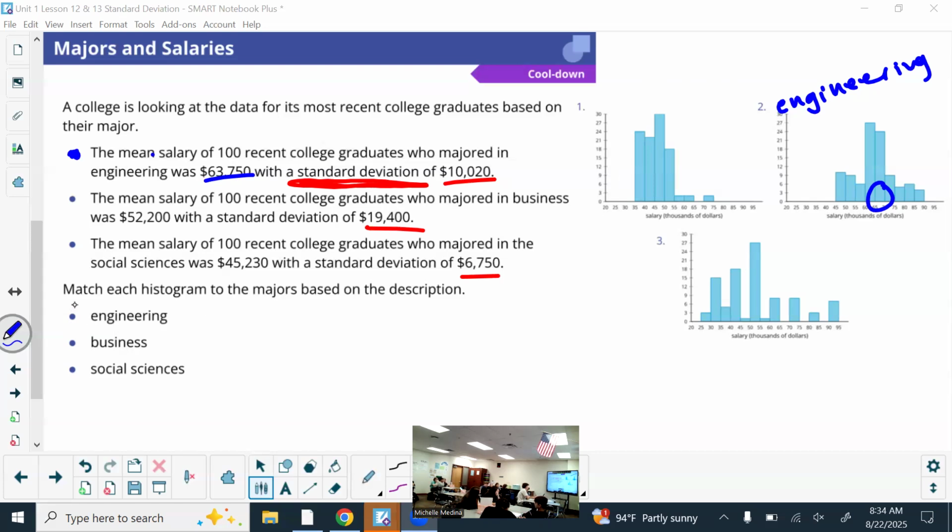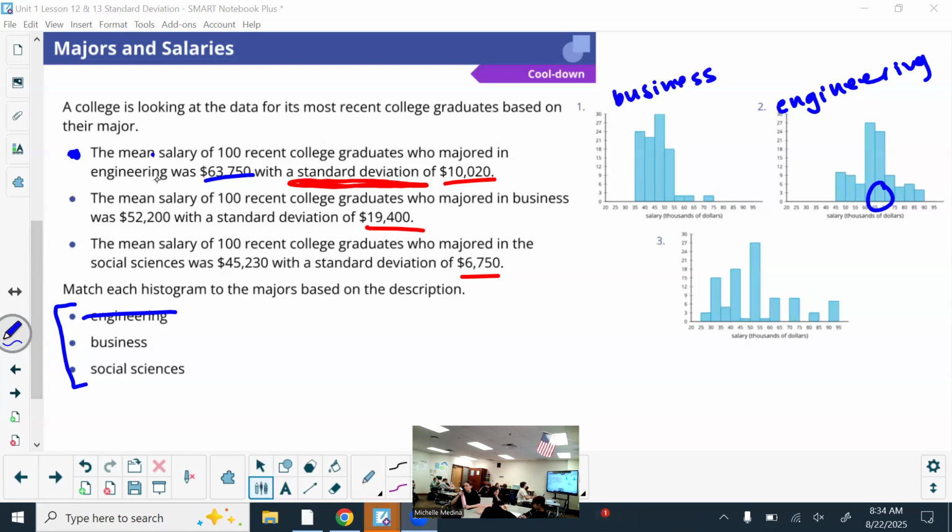And then here's your options for what they could be represented. Which would tell me a match. So we already matched the engineering. What was engineering? We think one is business? Yeah. Okay. So let's take a look.